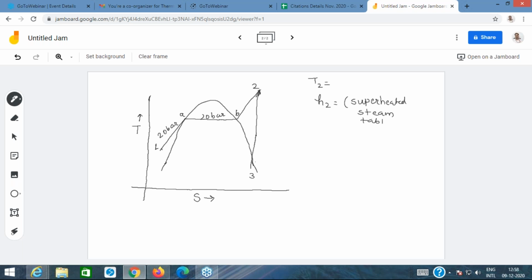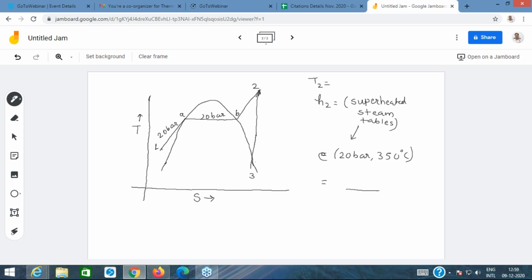In your steam tables, you will have a superheated steam column. In that superheated steam table, look for the pressure of 20 bar and 350 degrees centigrade, and tell me the value of enthalpy H2.